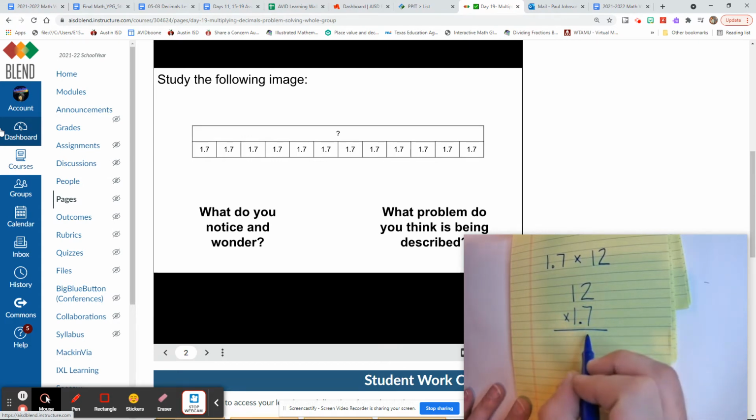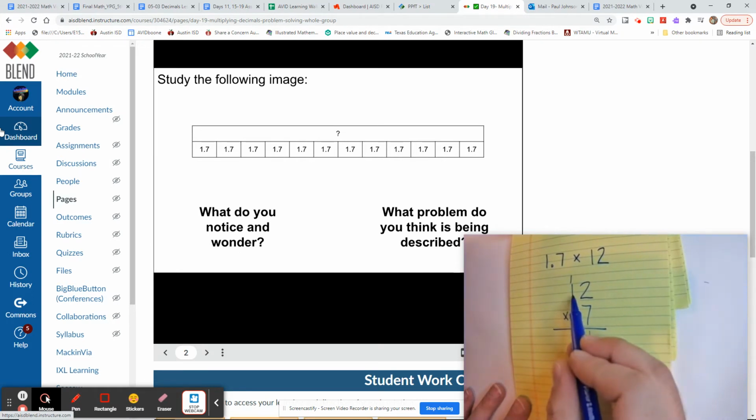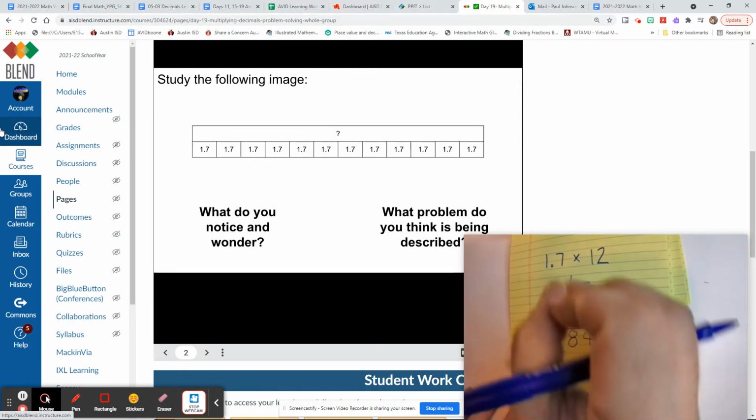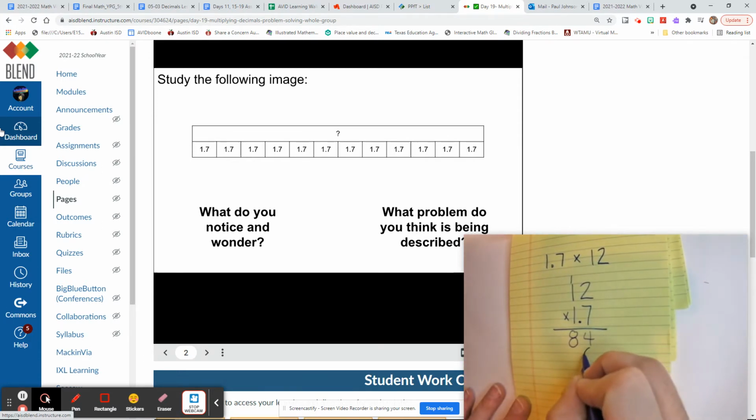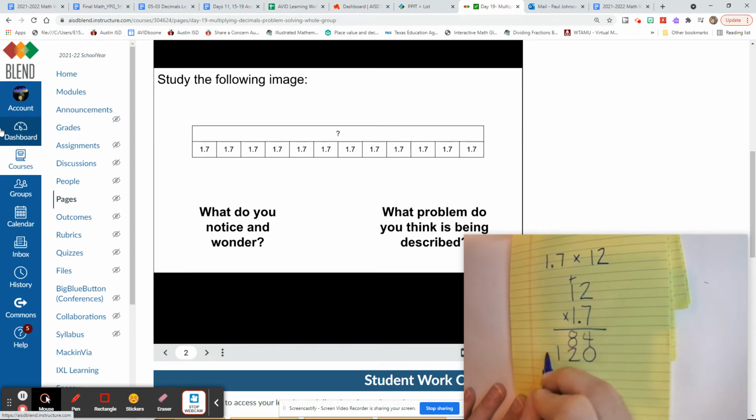7 times 2 is 14. Carry the 1. 7 times 1 is 7. Plus 1 is 8. Second line, 1's place, 0. 1 times 2 is 2. 1 times 1 is 1.